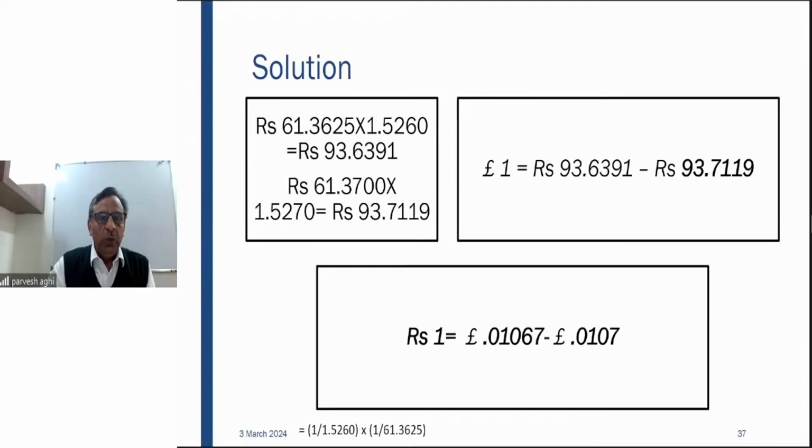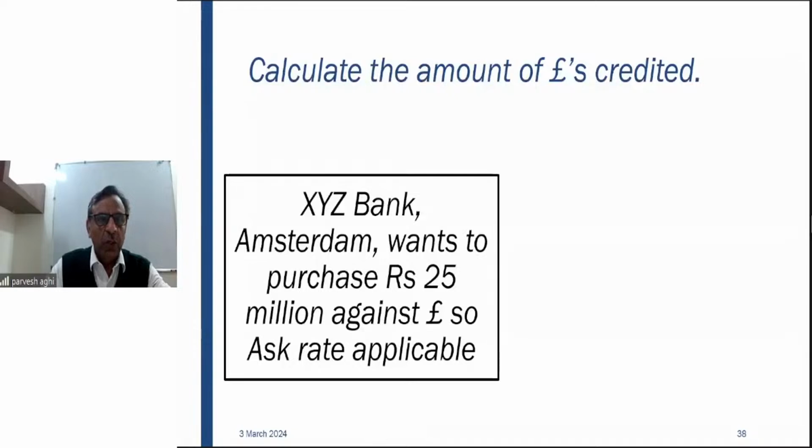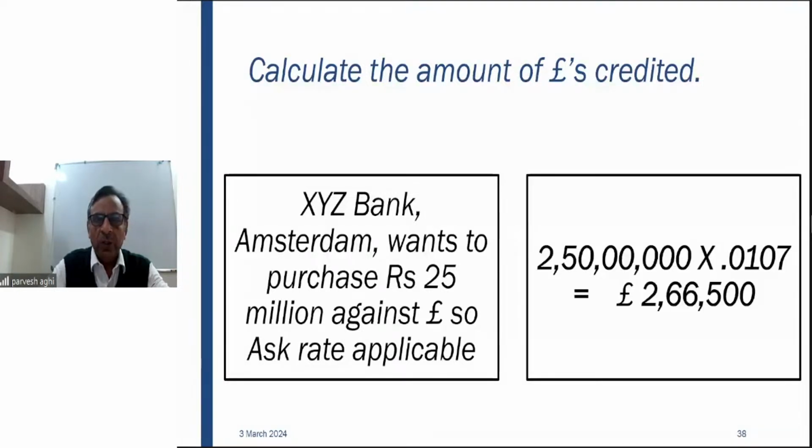But we want a rupee quote, because we have 25 million rupees, or 25 lakh rupees, and we want to convert them into pounds. XYZ Bank wants to purchase pounds against rupees, so the ask rate will be applicable. So 25 lakhs into 0.0107 will be 2,66,500 pounds.